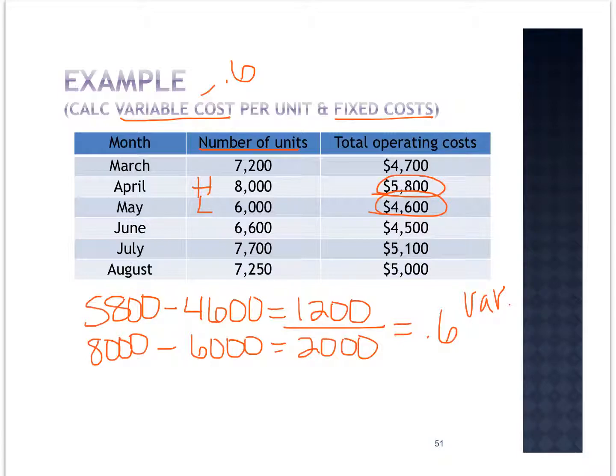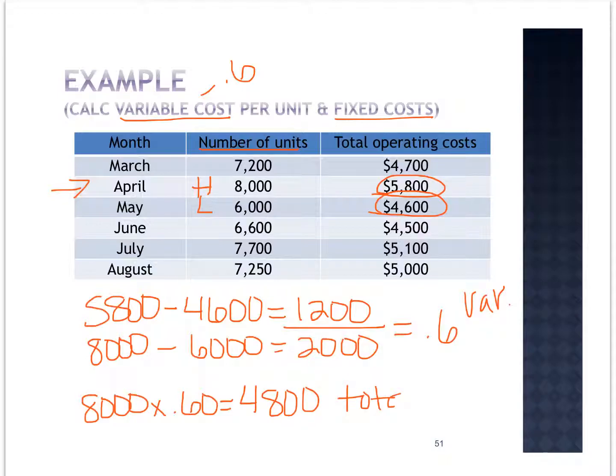Now, how do we find the fixed costs? We just plug the variable cost into one of the equations. So let's take our high. If we produced 8,000 units and they were each 60 cents, we multiply those two and we get an amount of 4,800. So this is total variable cost at a level of 8,000 units.